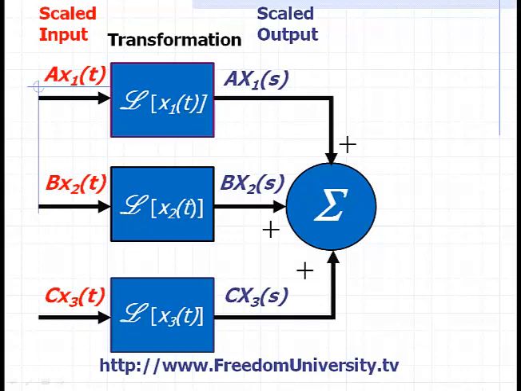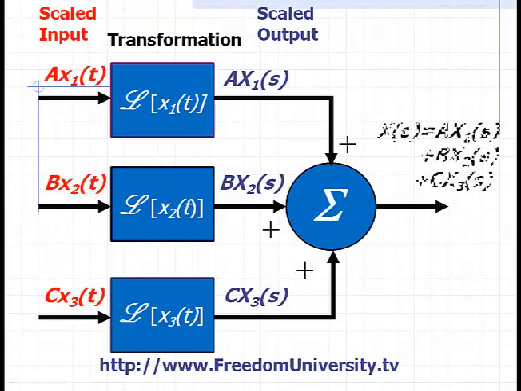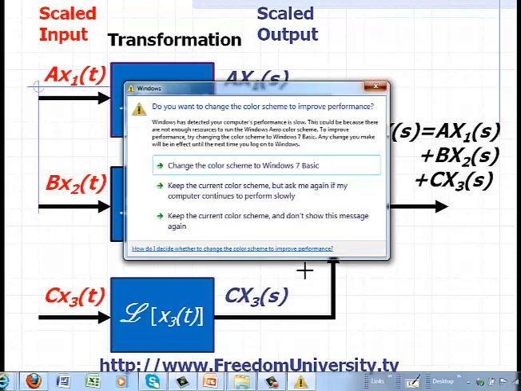And here it's scaled by c, x3, and we get the corresponding output c X3 of s. We take all those and we add them, and we get a new Laplace transform as a result of summing all these outputs resulting from the Laplace transformation. So that's our output coming out of this summer.